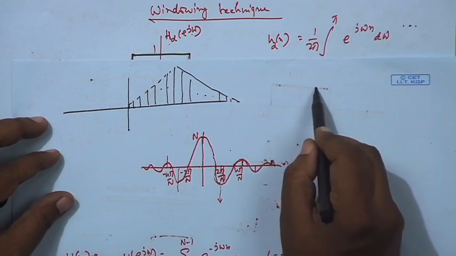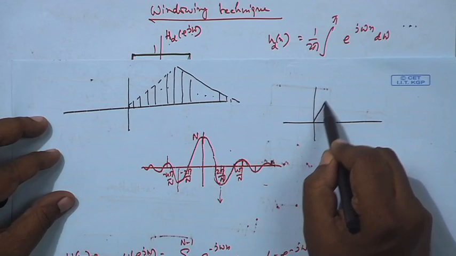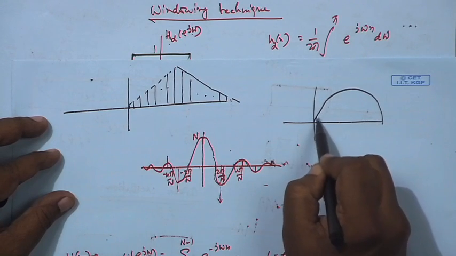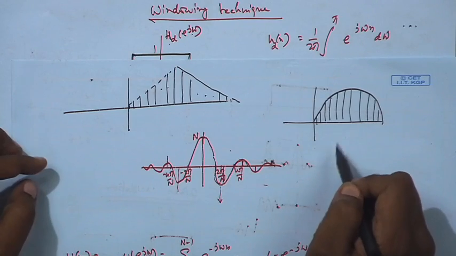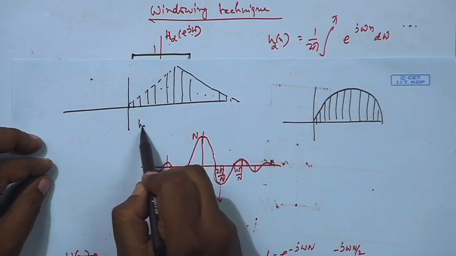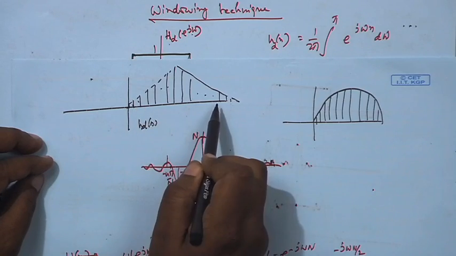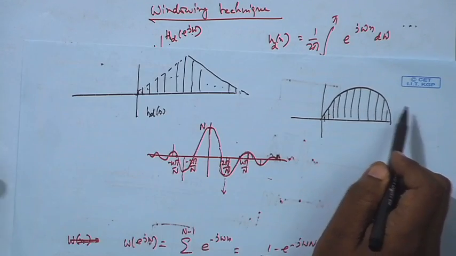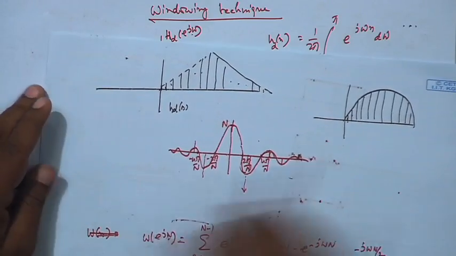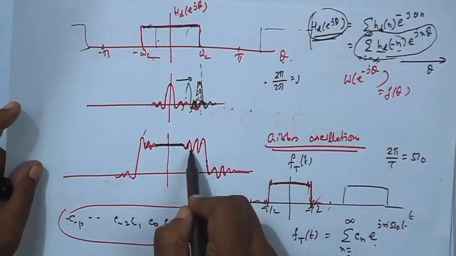It could also be sinusoidally modulated, half of a sinusoid. So, here you multiply HD 0 by this, HD 1 by this, HD 2 by this, like this, and you get better performance in terms of this ripple.